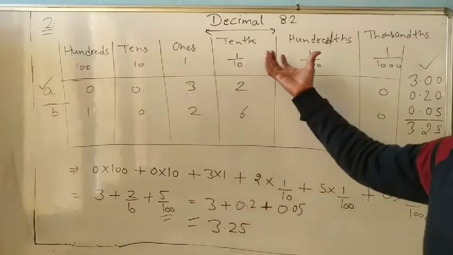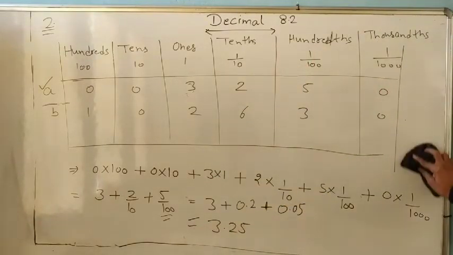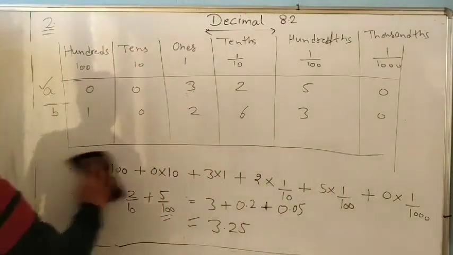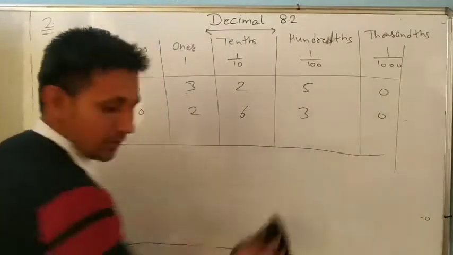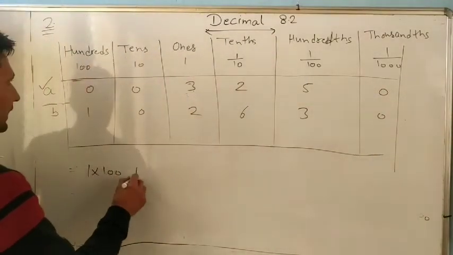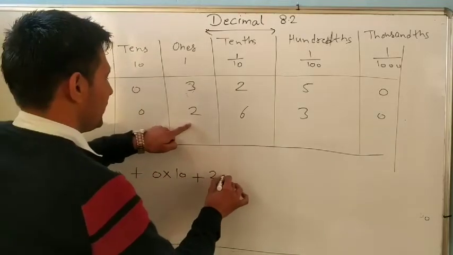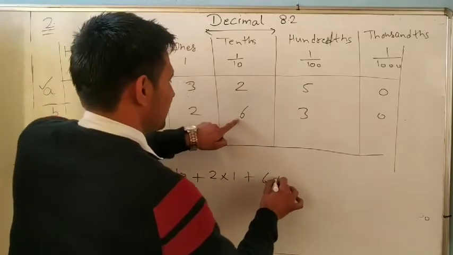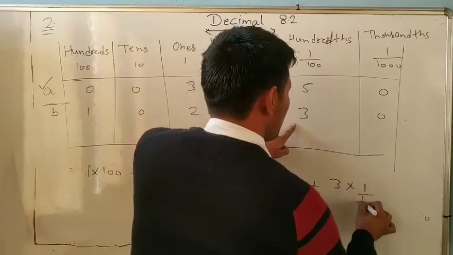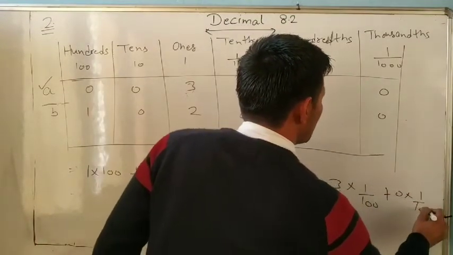So the number is given in a place value table. Now we will write in decimal form. I think you can write the second part yourself. How will you write the second part? We will write like this: 1 into place value 100, plus 0 into 10, plus 2 into 1, 6 into 1 upon 10, plus 3 into 1 by 100 and 0 multiply 1 by 1000.